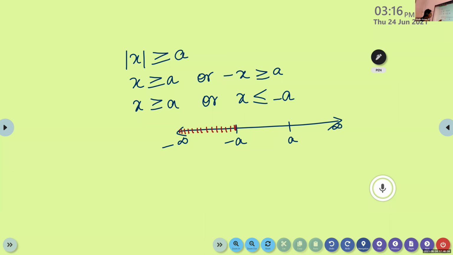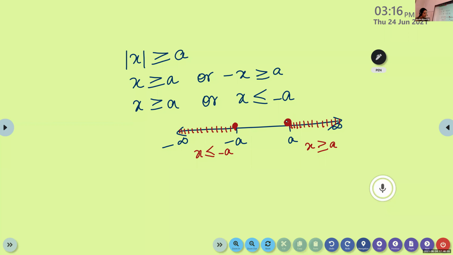So this is the part representing x is less than or equal to minus a. Minus a is also included. Similarly, x is greater than or equal to a means x takes only those values which are greater than or equal to a. So again this part.